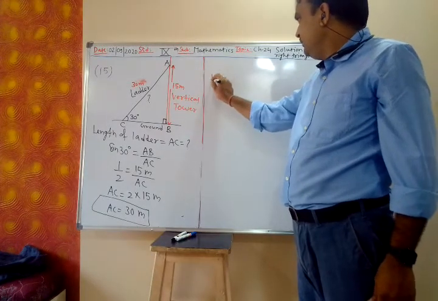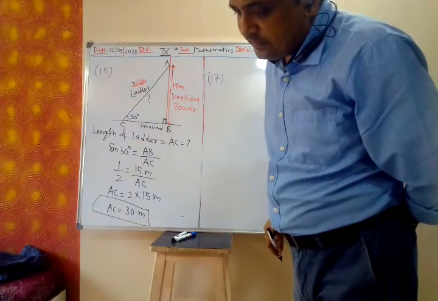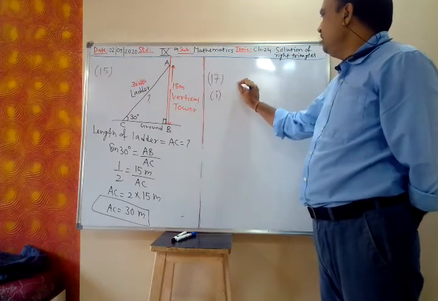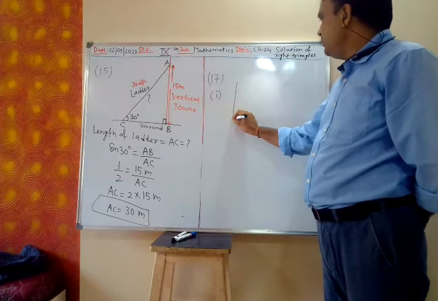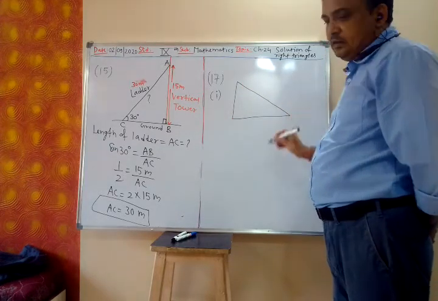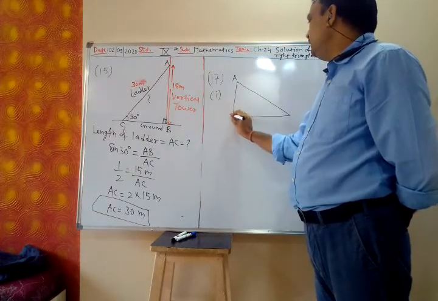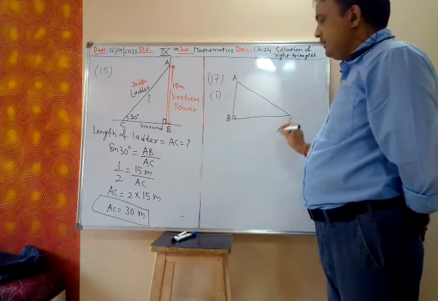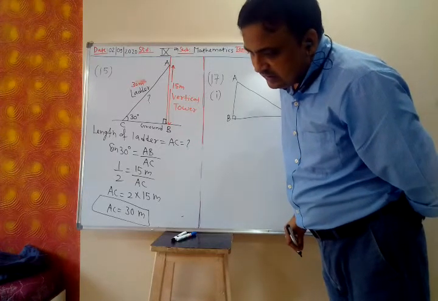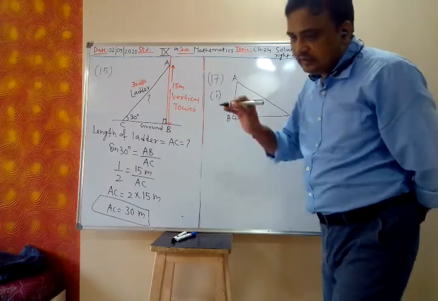No, we'll see. 17, find AB and BC. In this problem, you have to find AB and BC. So we are given the triangle ABC, then ABD, then AC is given.